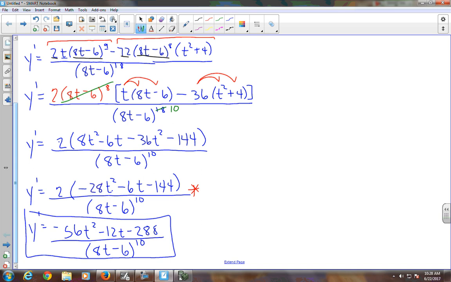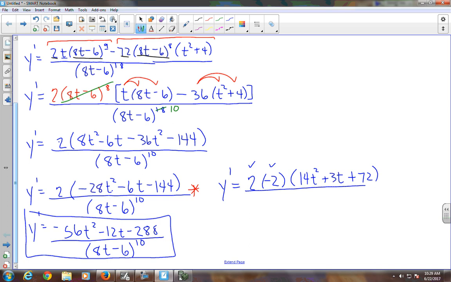Notice in the numerator in that parenthetical element, we have a common factor of 2. In fact, let's take out a negative 2. So here's the 2 from the original problem. Here's the negative 2 that I'm extracting from this parenthetical element. Dividing each of those by negative 2, we would have 14t squared plus 3t plus, what's that, 72.